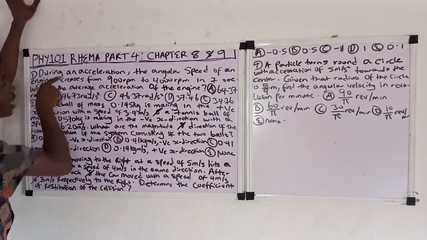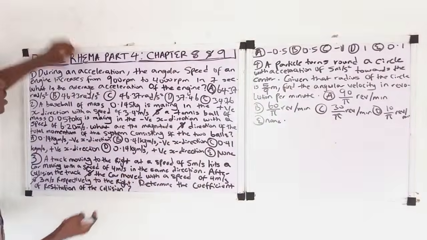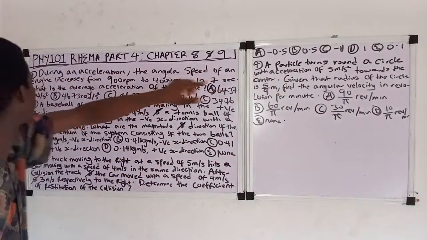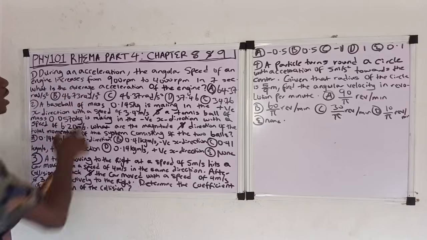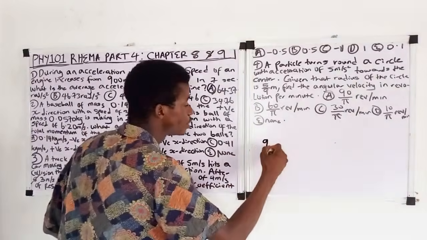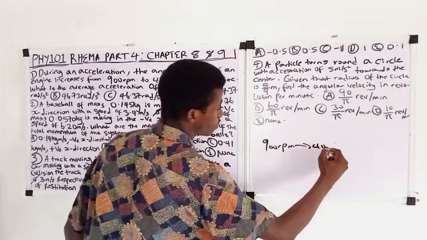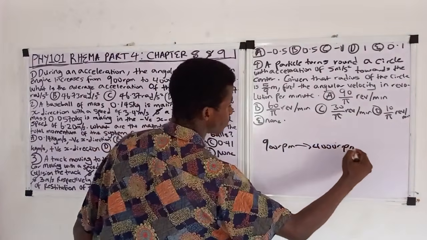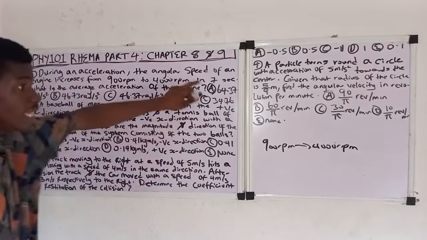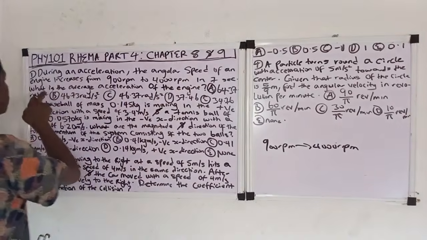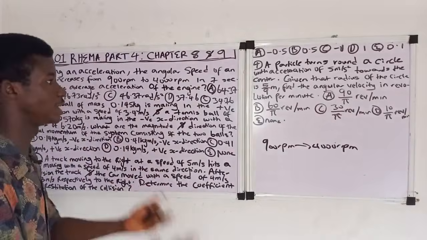In question 1 they said, during an acceleration, the average speed of an engine increases from 900 RPM to 4000 RPM in 7 seconds. What is the average acceleration of the engine?